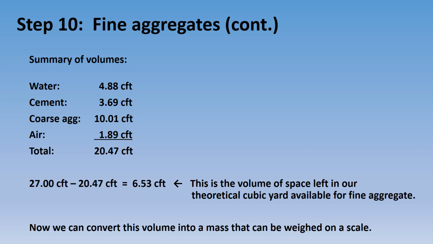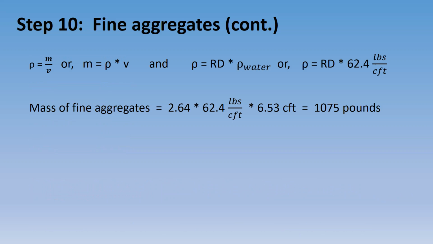So we're going to go back to that familiar relationship, density equals mass over volume, and convert this volume back into a mass. Now we want to solve for mass, so mass equals density times volume. And again, density is equal to the relative density of that material we're working with times density of water, or relative density of our fines times 62.4.